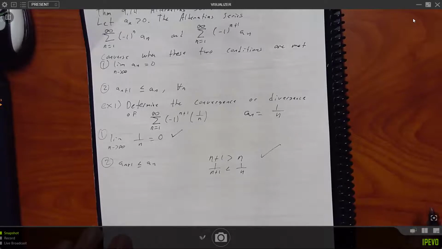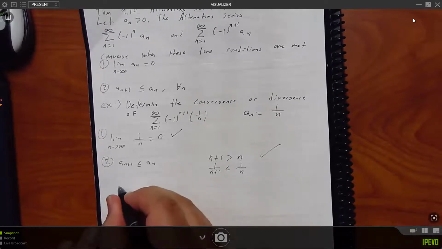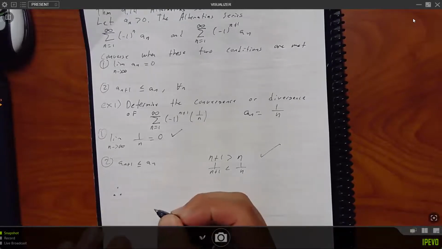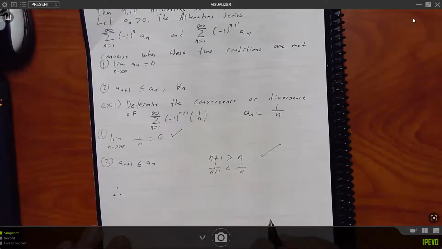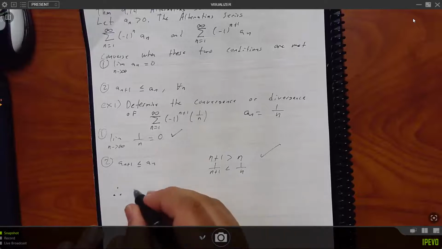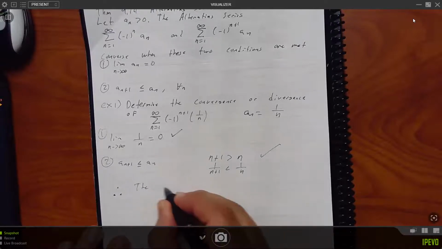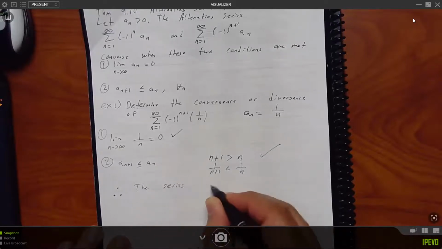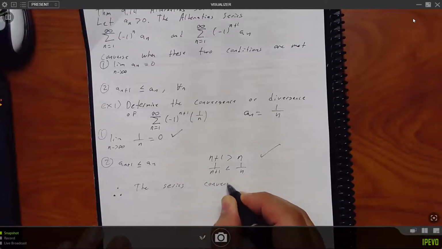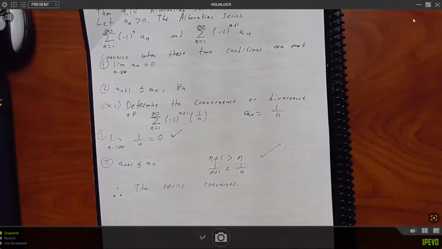So therefore, the series converges. Pretty easy idea, right?